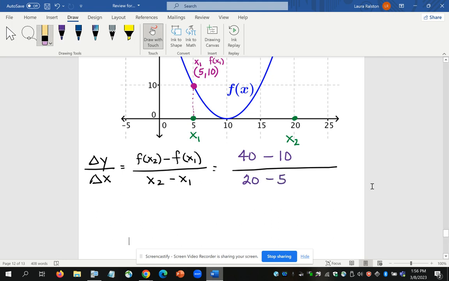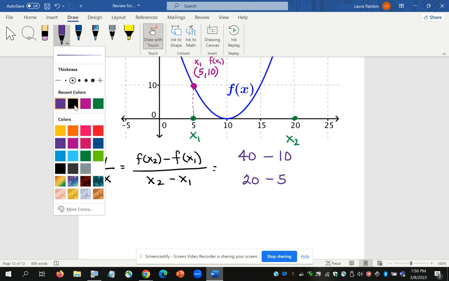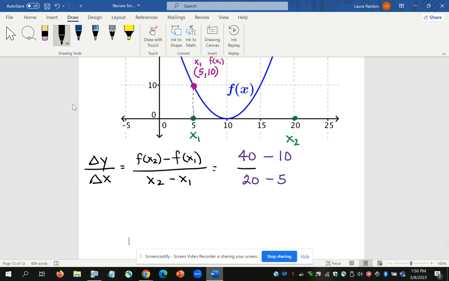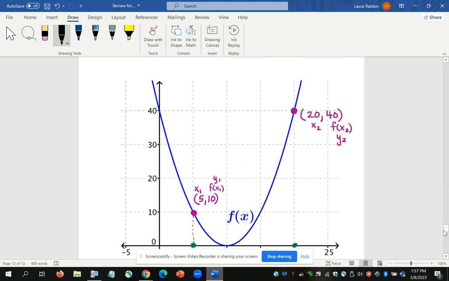It's a straight, flat out substitution. Don't overthink it. 40 minus 10 is 30. 20 minus 5 is 15. 30 divided by 15 is 2. So the average rate of change for this graph is 2. I have basically found the slope of the line that connects those 2 points.